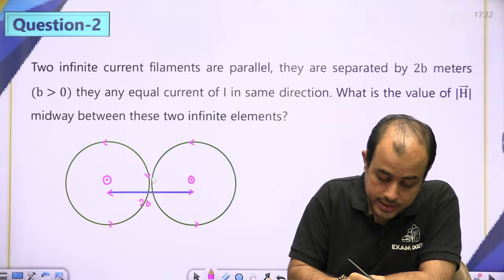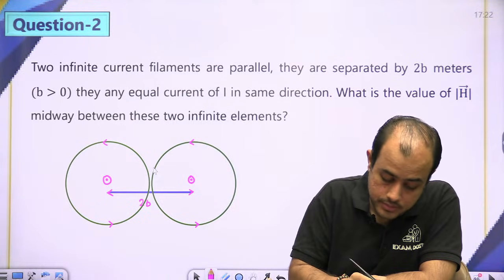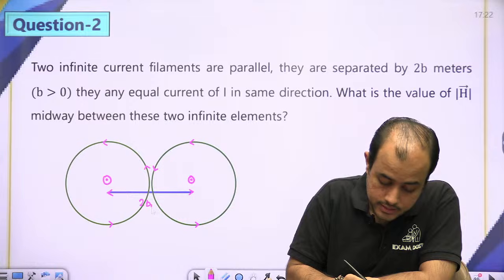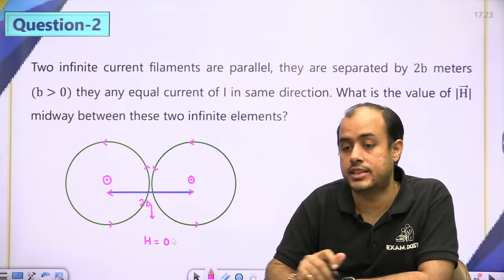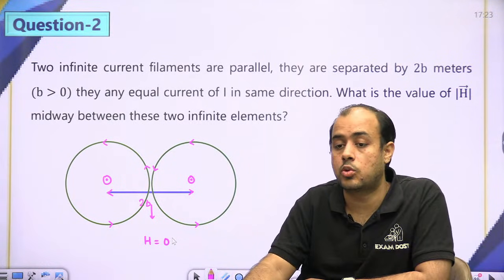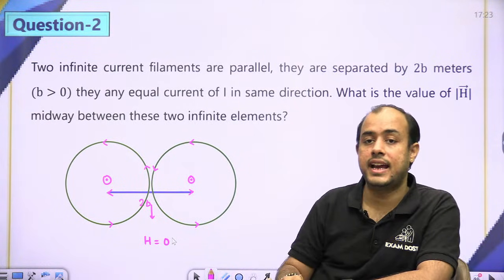So, one magnetic field downwards, one upward. तो H will be 0. They will cancel each other. दोनों का इक्वल एंड अपोजिट आएगा. They will cancel each other.